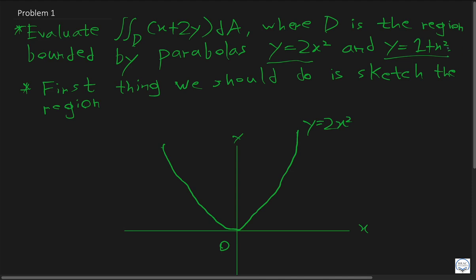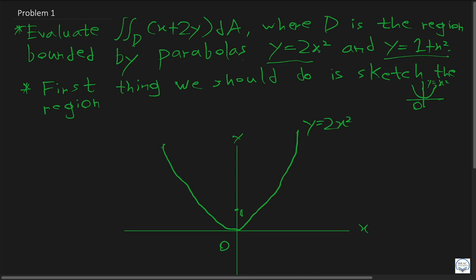Next we will draw the second curve, y equals 1 plus x squared, which looks exactly like y equals x squared, except every coordinate of the parabola is shifted 1 unit upwards. Since the vertex was at the origin, it will now move 1 unit up to y equals 1. And y equals 1 plus x squared is also less steep than y equals 2x squared.